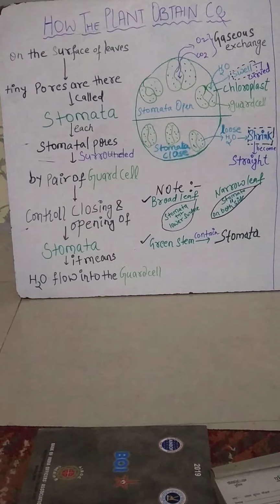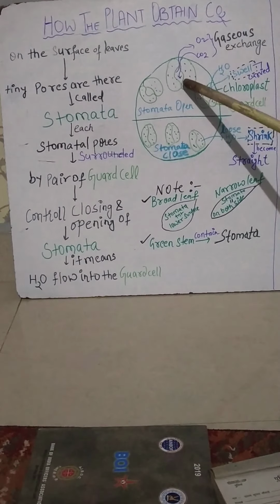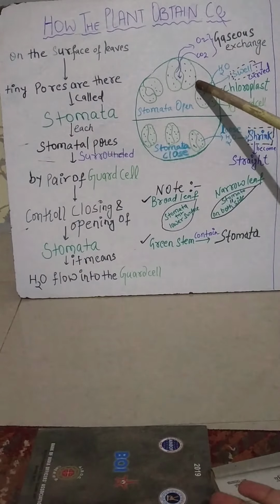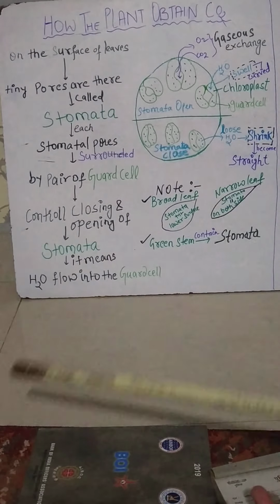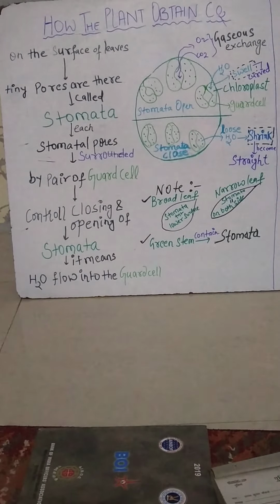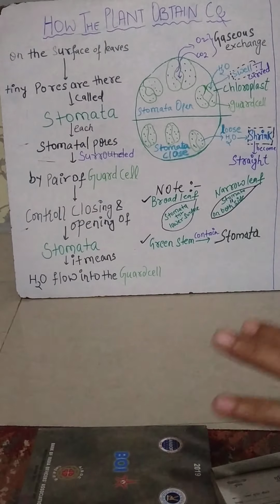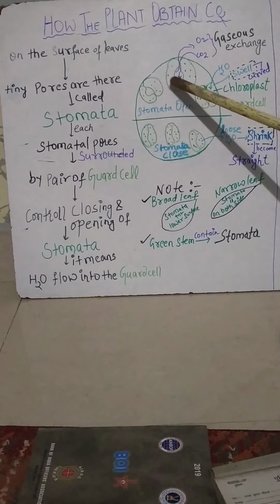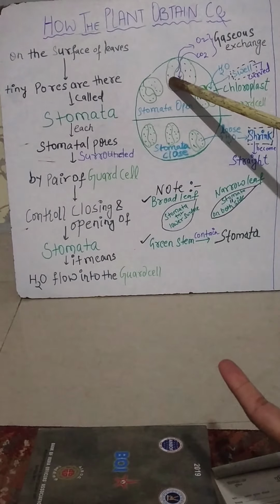Now why is the opening and closing of stomata needed? Because of gaseous exchange. This is the stomata present on the leaf surface. In the leaf, chloroplast is there. As we learned in our last class, chloroplast is the site of photosynthesis. It means the plant needs water and carbon dioxide here.